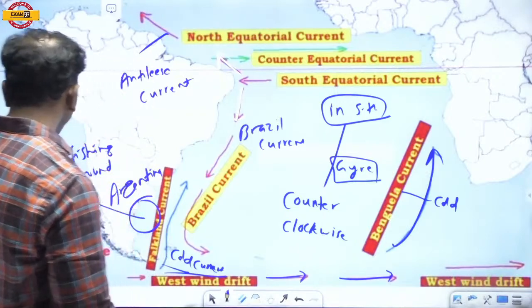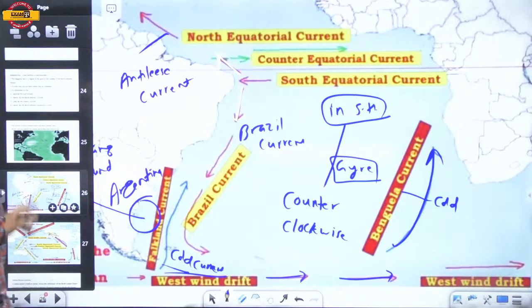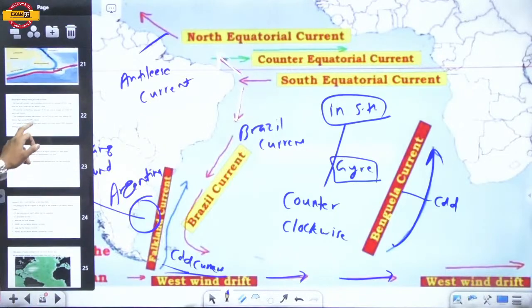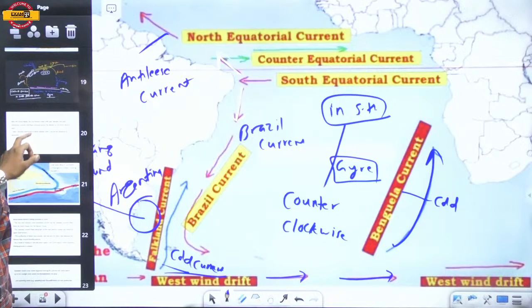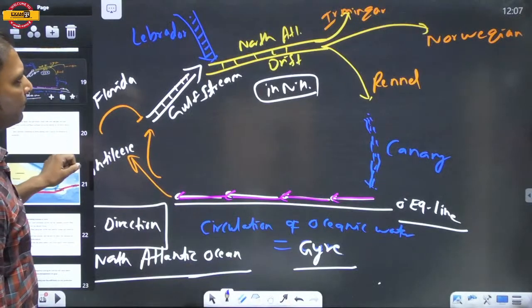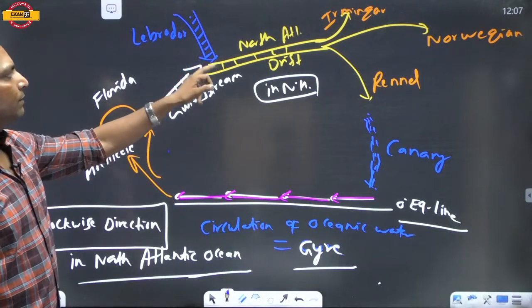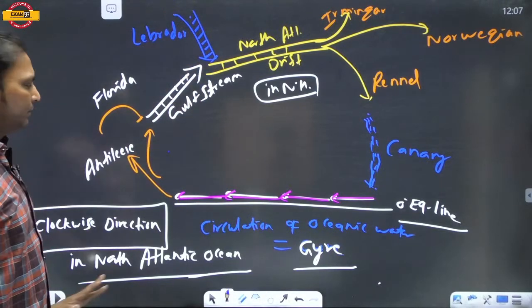So now we are moving to the concept of the Sargasso Sea, North Atlantic drift, and the Gulf Stream. Okay. So now we are going to have some information about this place.